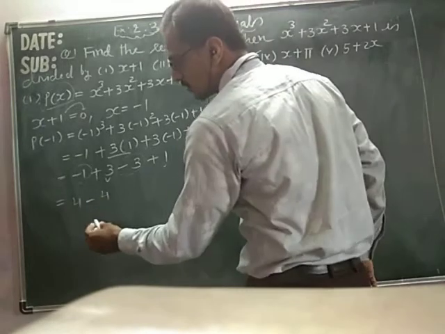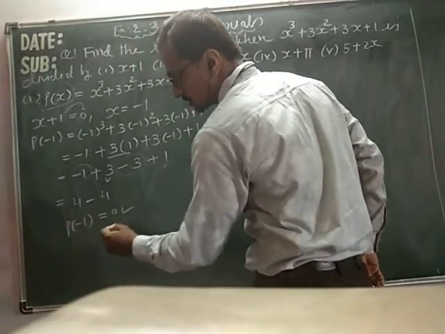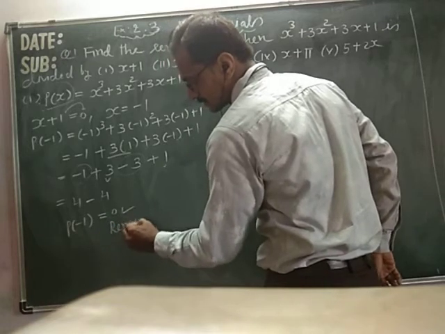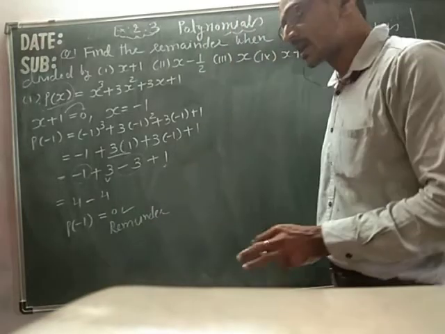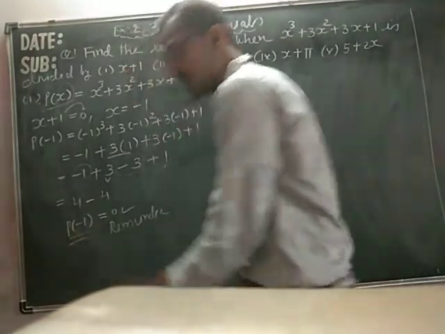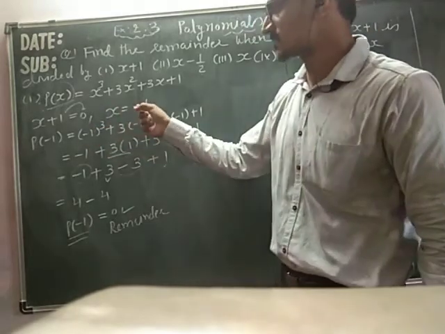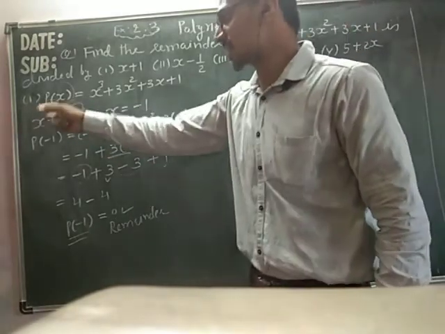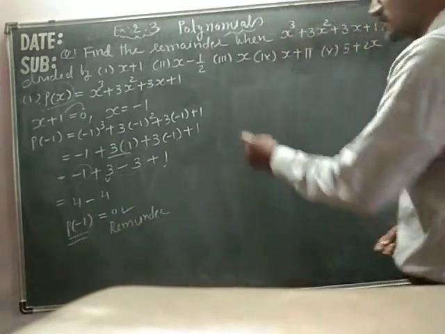So 4 minus 4 will be 0. So 0 is the remainder. What I told you is that the value of this p of x is called the remainder. Here we have the value x equals minus 1, so instead of p of x it will be p of minus 1. So 0 is the remainder.